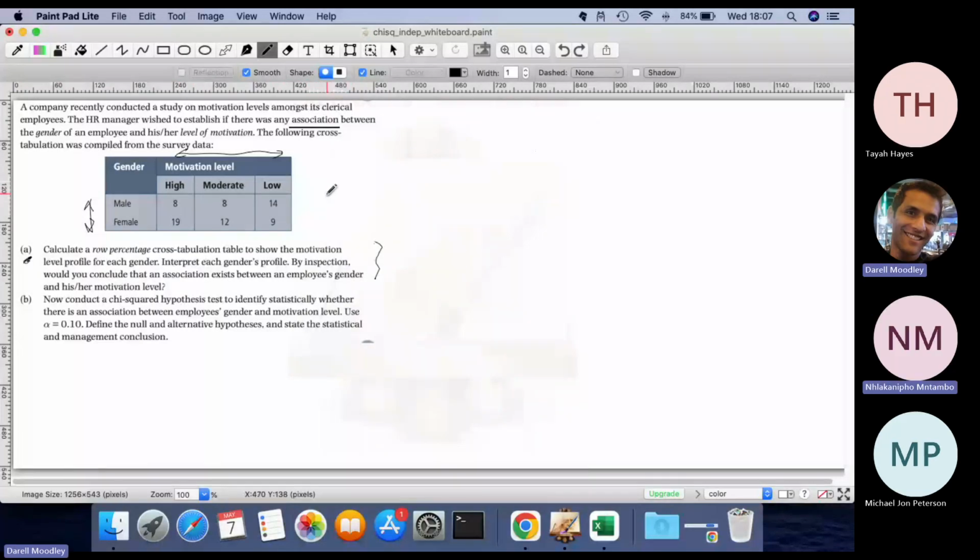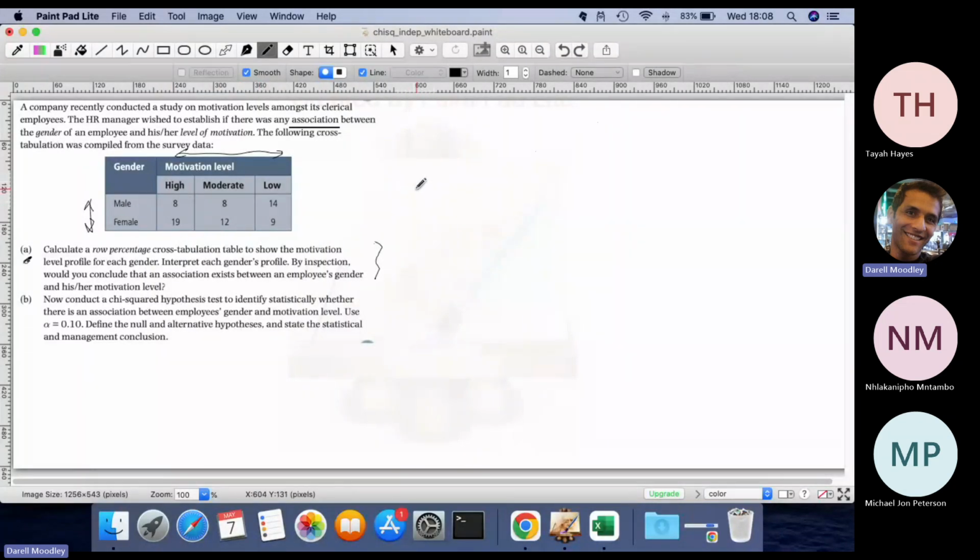Yes, you could have 8 males that are highly motivated and a lot more females at the same motivation level. But in total, it seems like you have a lot more females. So you're not really comparing like with like. The way to compare like with like is to make them all percentages. And how we do that is we'll make them row percentages for question A. That's what they're asking us to do.